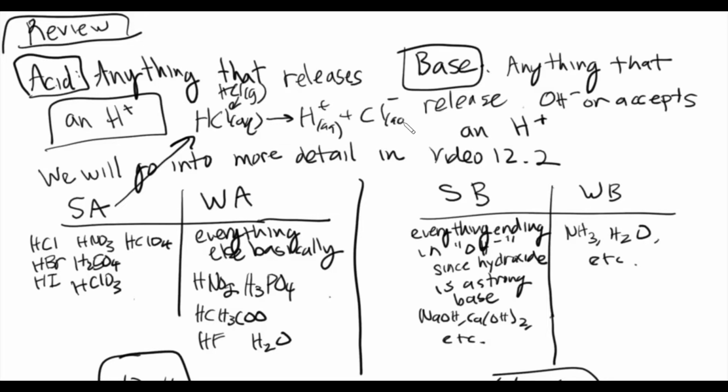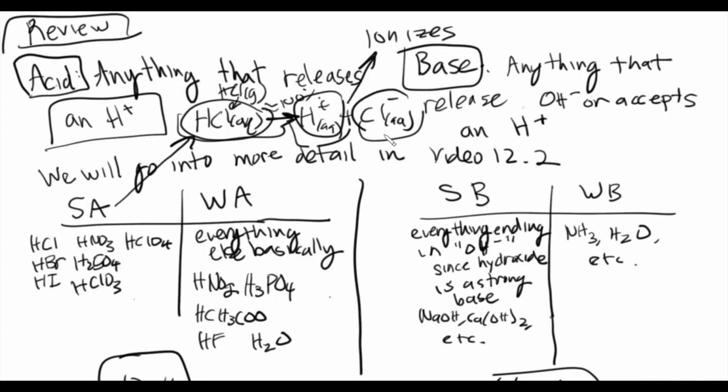Or actually, to be more specific, it ionizes. Now, ionization occurs because a molecular substance having a neutral charge becomes two ions, so it's ionized. So this will happen nearly 100%, which means that the reaction will go nearly 100%, which also means that almost all of our HCl aqueous will become H plus and Cl minus upon entering solution.